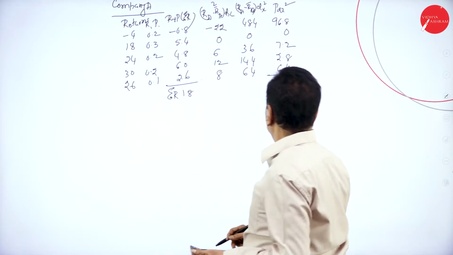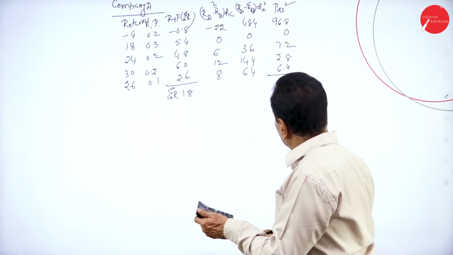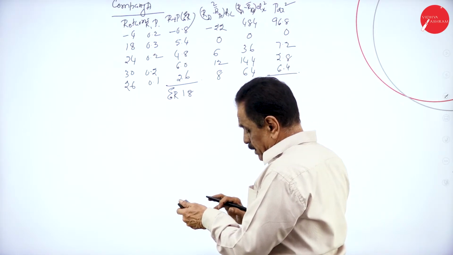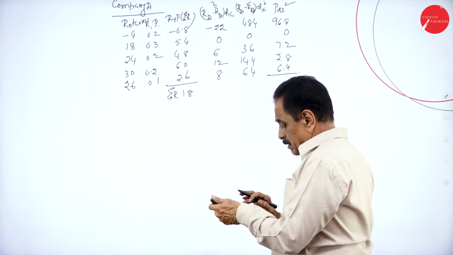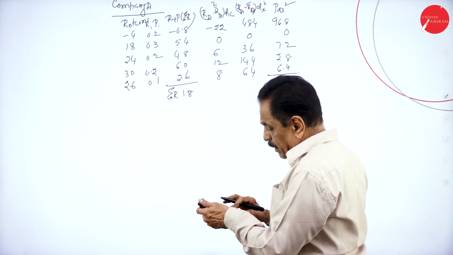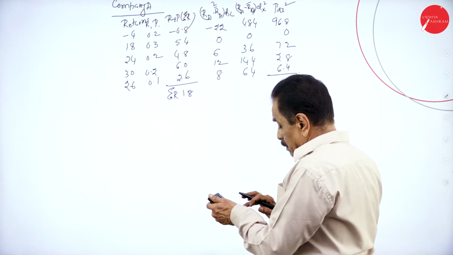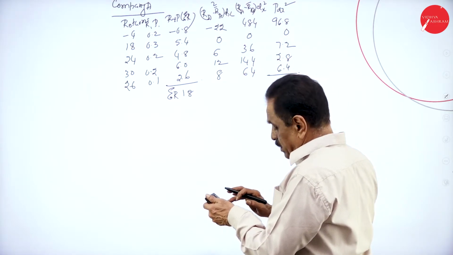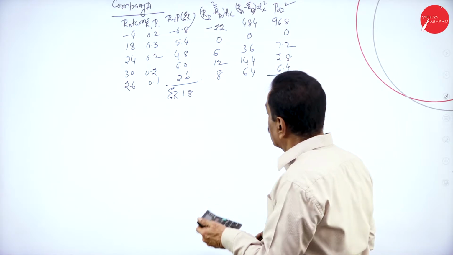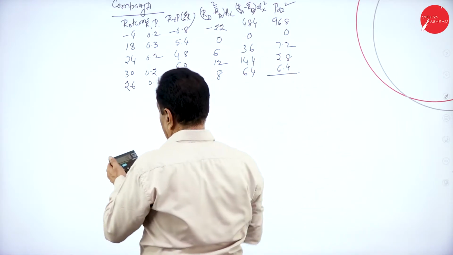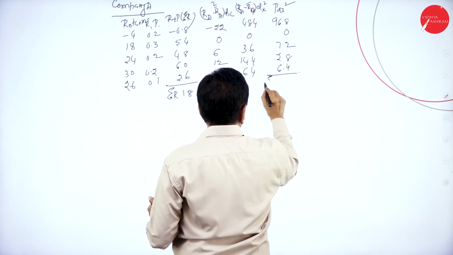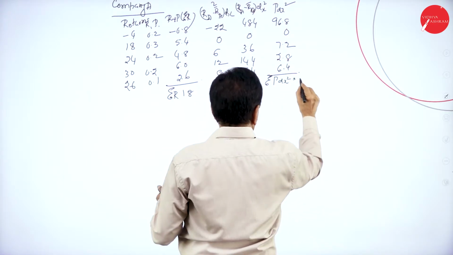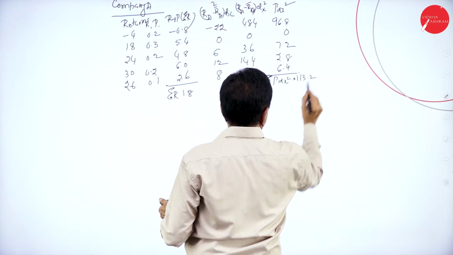Add the P dx square: 6.4 plus 28.8 plus 7.2 plus 96.8. Sigma P dx square is 113.2.